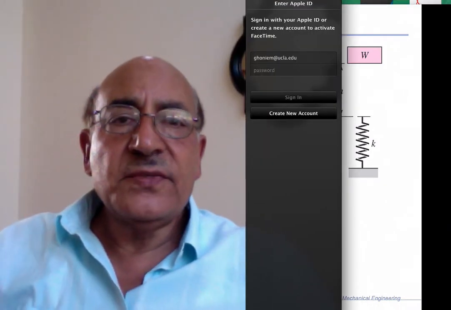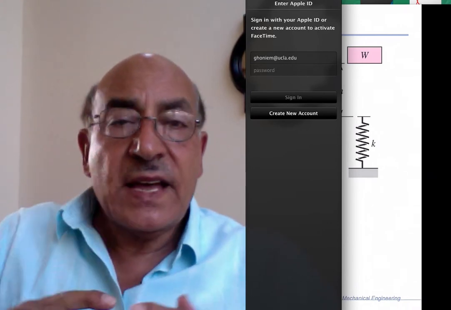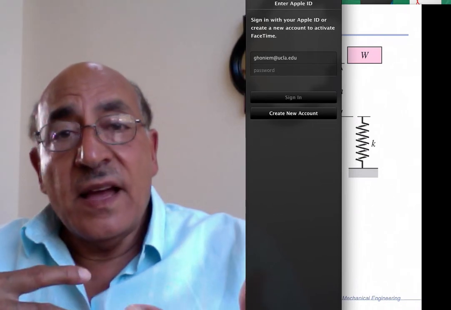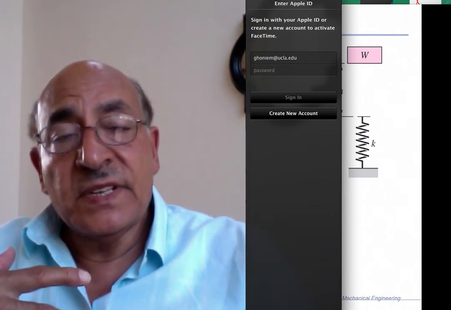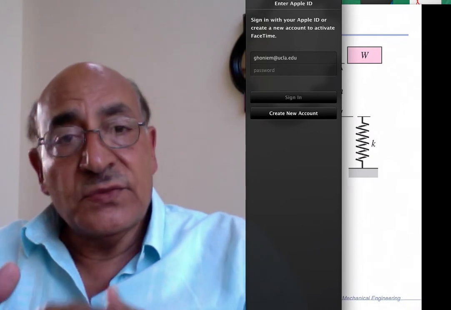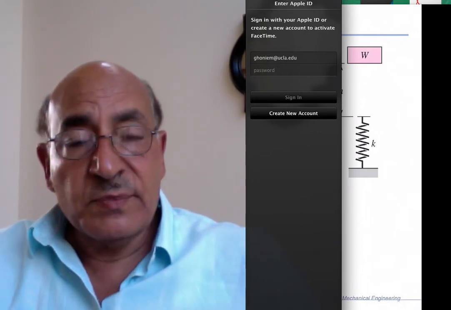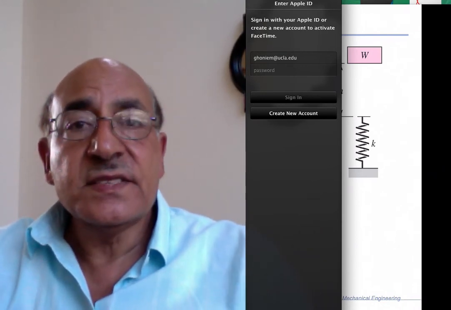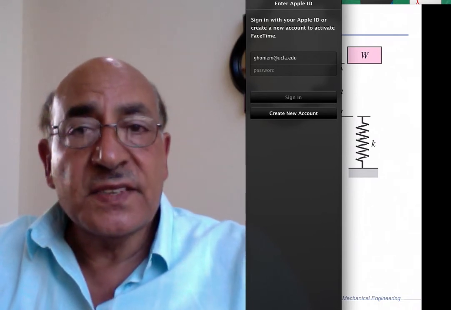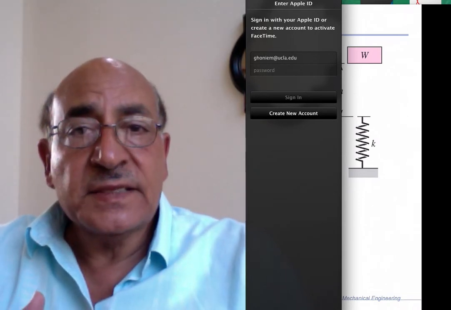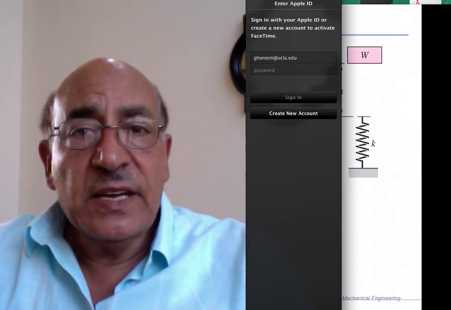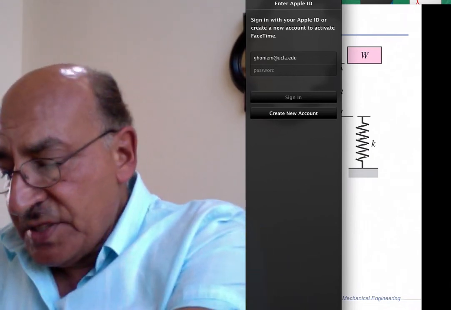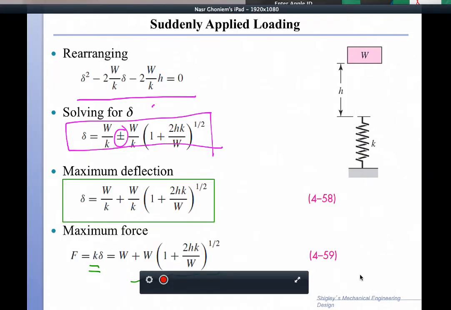So if I have a design application where I have an impact loading, let's say a mass impacting on a car, and I'm able to determine the kinetic energy of that mass, and then find, if the car bumper is like a beam, the equivalent elastic stiffness of that beam, consider it as a spring, then I'm able to compute the maximum force due to the impact, which is a very useful formula that I have. So this is the maximum force.